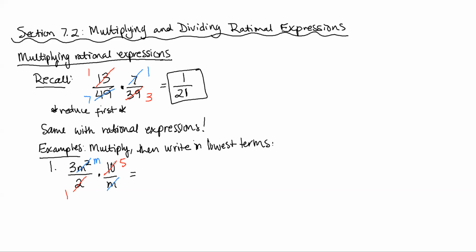So now, if we look along the top, we have a 3, an m, and a 5. 3 times 5 is 15, and we have an m. And on the bottom, we just have a 1. But any number or variable divided by 1 is itself. So we're going to write this as 15m.